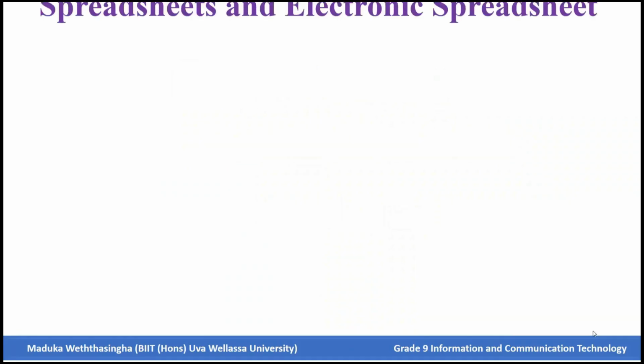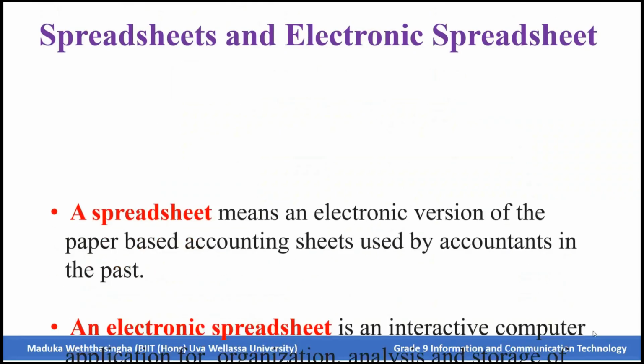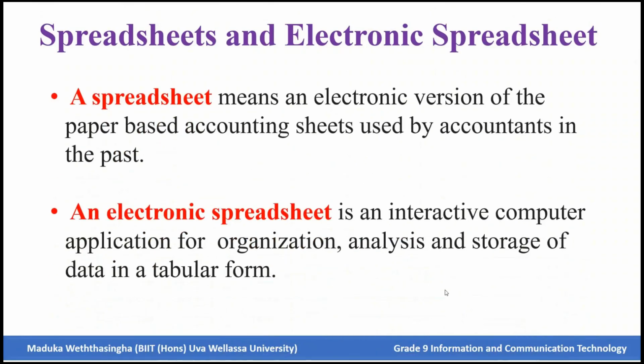Right, okay. Here, first we are going to discuss spreadsheets and electronic spreadsheets. A spreadsheet means an electronic version of the paper-based accounting sheets used by accountants in the past. In the past, accountants used papers to do their work, and the electronic version of the paper is known as a spreadsheet.